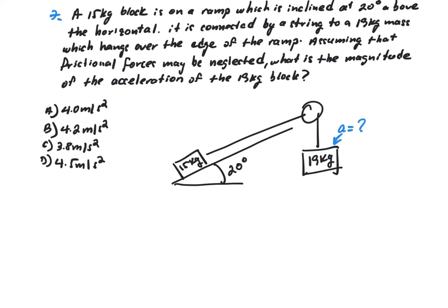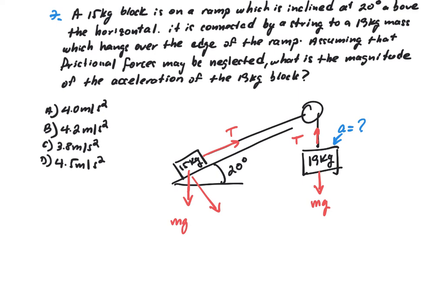So as always, just draw out your forces, or your free body diagram. So we have tension on this block and we have weight. On the 15-kilogram block, we have tension. Since it's on a slope, we also have the weight perpendicular to the slope.